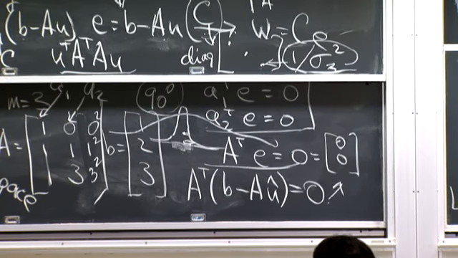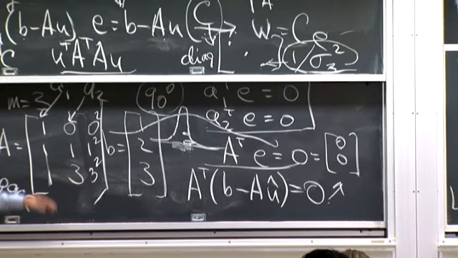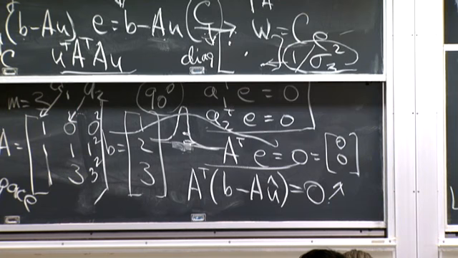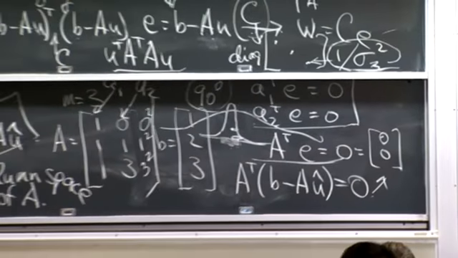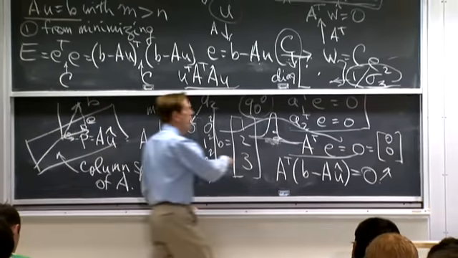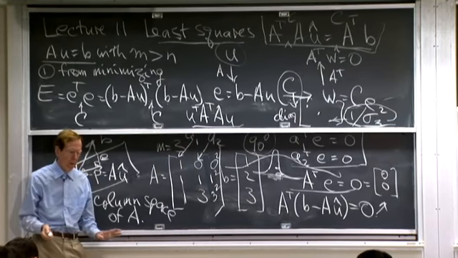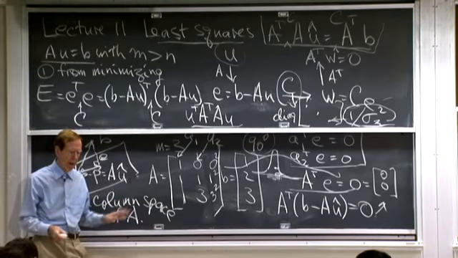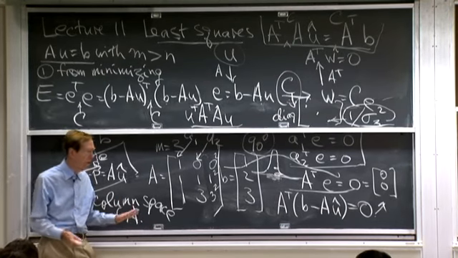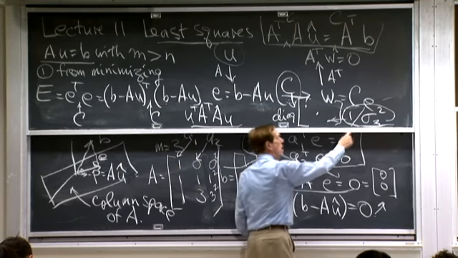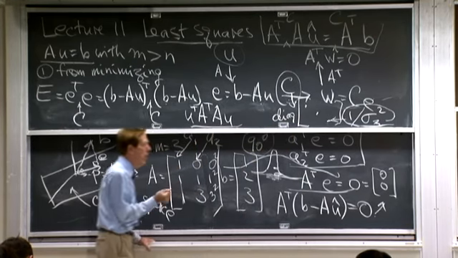Just to see that makes sense, if that number is unreliable, if it has a large variance, then I want to give it little weight, right? If this third meter is very unreliable, I'm not going to throw it out entirely, but I know that its variance is large, and therefore I'll weight that equation only a little, with a small weight.